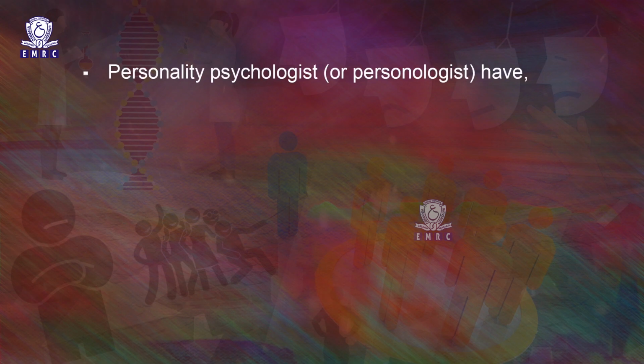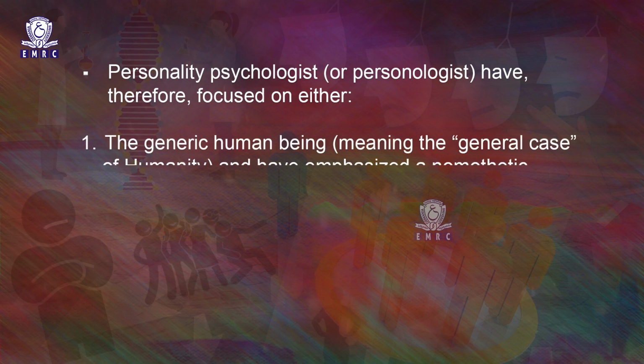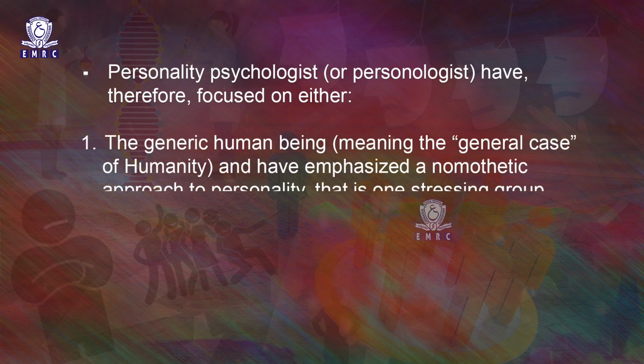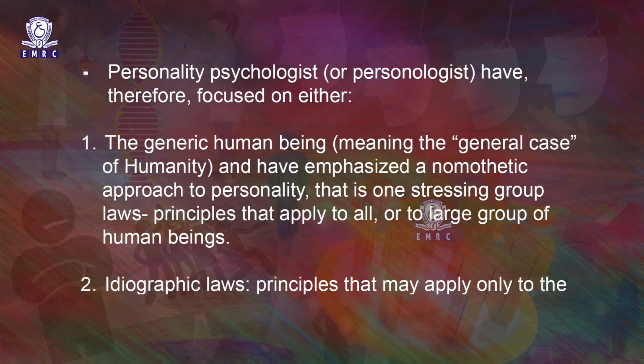Personality psychologists or personologists have therefore focused on either, one, the generic human being, meaning the general case of humanity, and they emphasized a nomothetic approach to personality, that is, one stressing group laws, principles that apply to all or to large groups of human beings. Or two, idiographic laws, principles that may apply only to the individual.